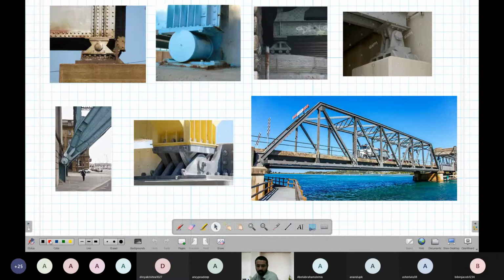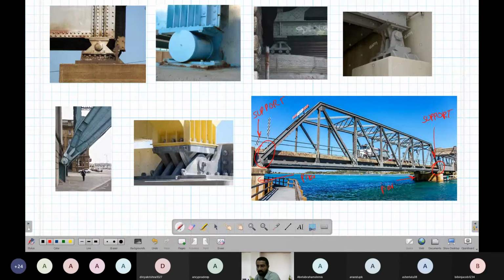If you observe here, this is one support, and this is another support. This is what is known as a pier. This is also a pier. The bridge is resting on it, supported on this.